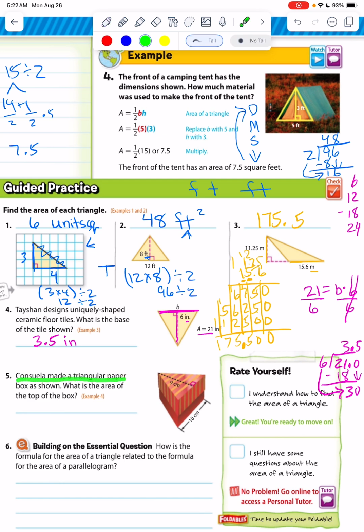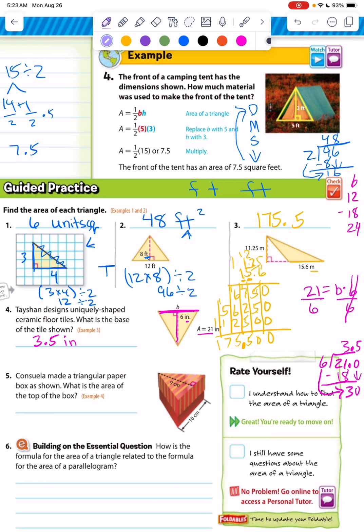Consuela made a triangular paper box as shown. What is the area of the top of the box? The area at the top. So we're just finding this one face, not the volume of the whole box, okay? We know the height. The height is 9 centimeters.